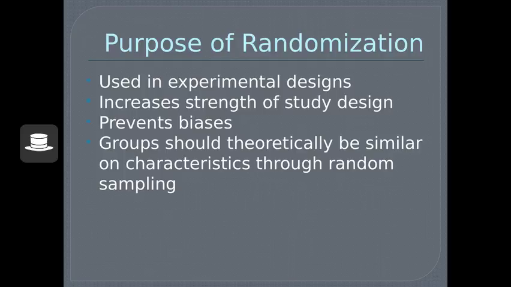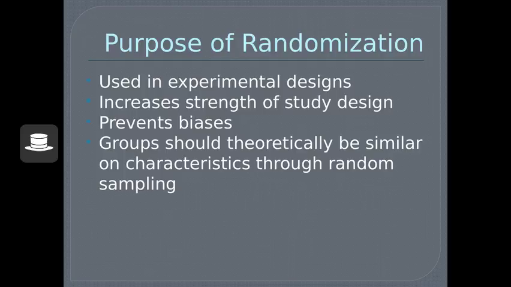And then it prevents biases, so experimenters might unintentionally assign participants to a certain group if they don't use random sampling. And ultimately, if you're using this randomization process, it makes it more likely that groups should be similar by using this random sampling method.